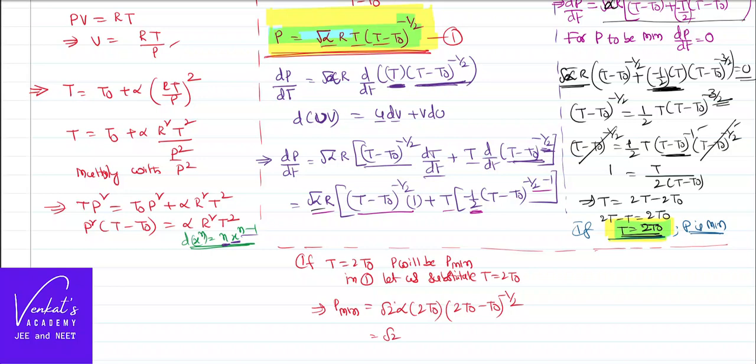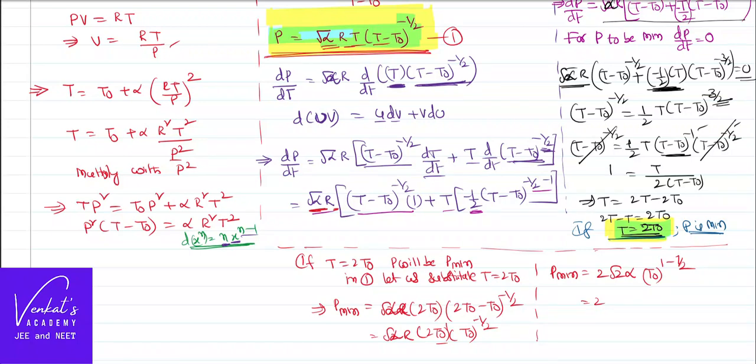So how much is this? Root alpha, this is R, root alpha and R. 2T naught minus T naught is T naught power of minus half. So what's the value that you got now? If you simplify this further, P minimum equal to 2 root alpha R T naught power of, this is 1 and that is minus half.